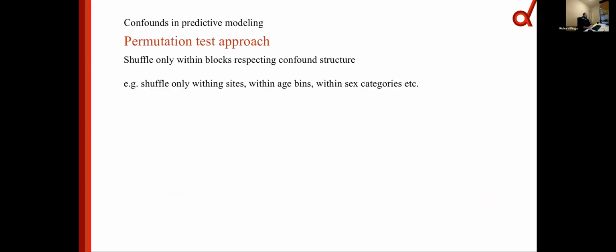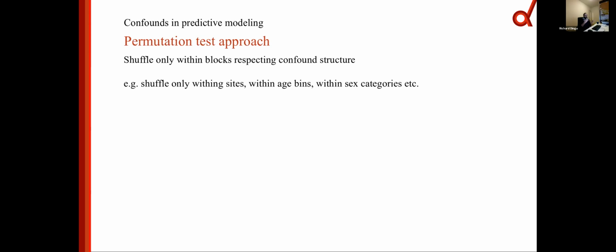Another thing is the permutation test. I can run my permutation test and shuffle people only within site or within age bins or whatever I consider to be confounds, which will work as well. Of course, you have to run permutation tests, but it's also good.